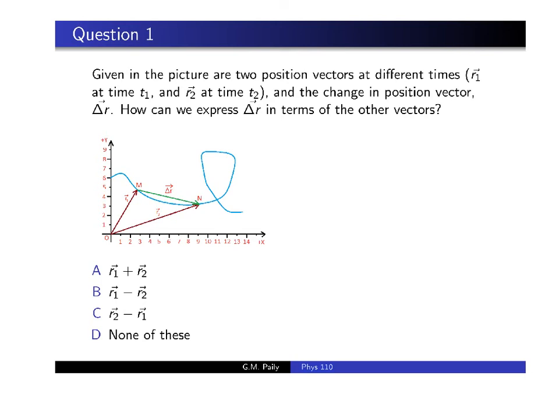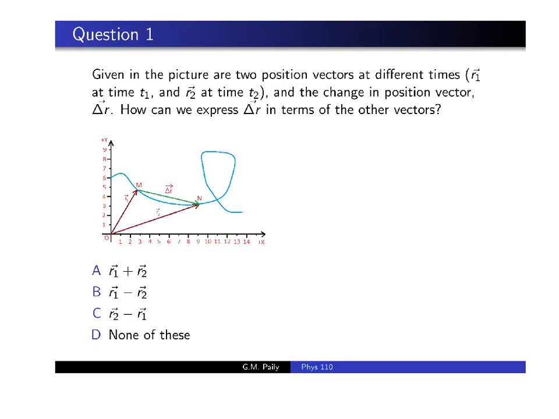Just reading the question: given in the picture are two position vectors at different times, r1 at time t1, r2 at time t2. Those are just details you don't need to pay too much attention to. And the change in position vector is delta r. How can we express delta r in terms of the other vectors?